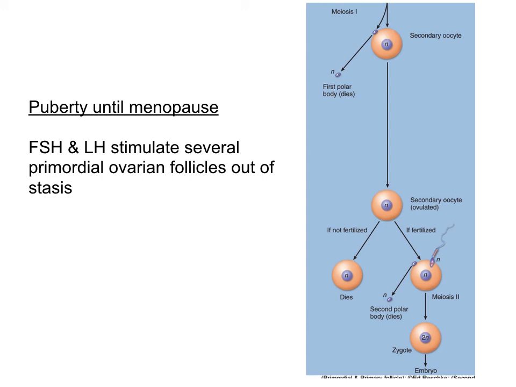The secondary oocyte then begins meiosis II. However, as it's proceeding through meiosis II, it enters stasis again. The secondary oocyte basically falls asleep. And it is this sleeping secondary oocyte that is actually ovulated from the ovary each month.